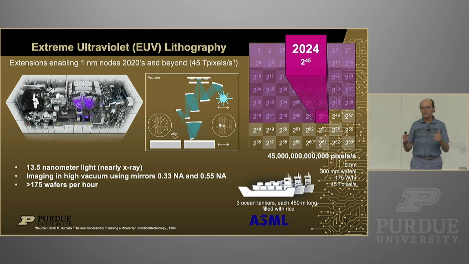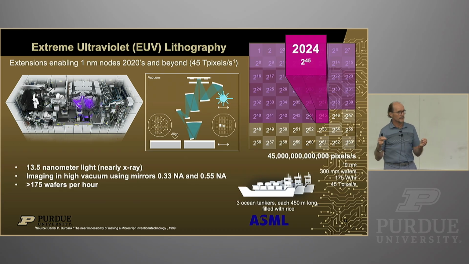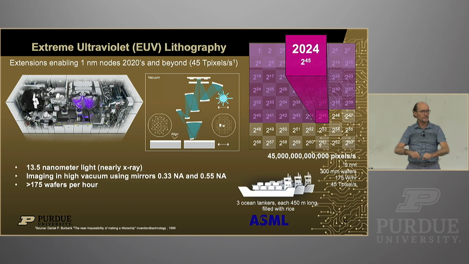Then we made a big step. We went from deep UV, which used excimer lasers, a wavelength of 193 nanometers. And you could still use that with quartz lens elements and refractive lenses. And we said, no, we need a shorter wavelength. And the next shorter wavelength was really, really tough. I have a whole course on that, EUV lithography.